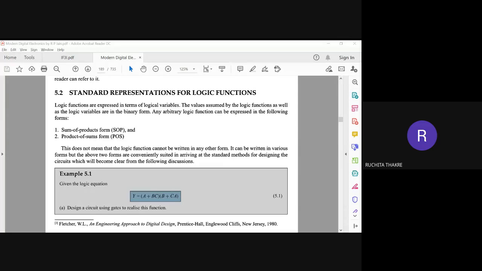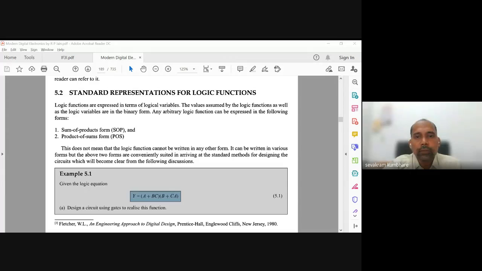Yes, sir. This is the difference basically. This is sum of product. First you have to take product and then you have to sum it, and this is product of sum. So you have to take first sum and then you have to multiply both the terms or multiple terms. So this is called product of sum. In product of sum you will mostly observe parentheses like this, and that indicates that this is product of sum.